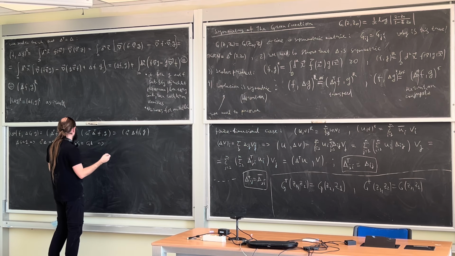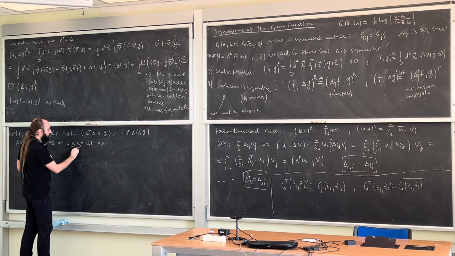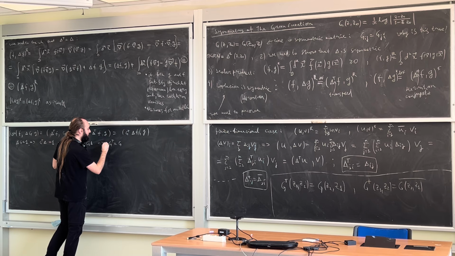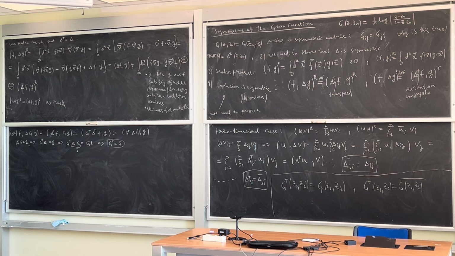So this is 1. So G transposed equals G, as expected for a symmetric matrix.